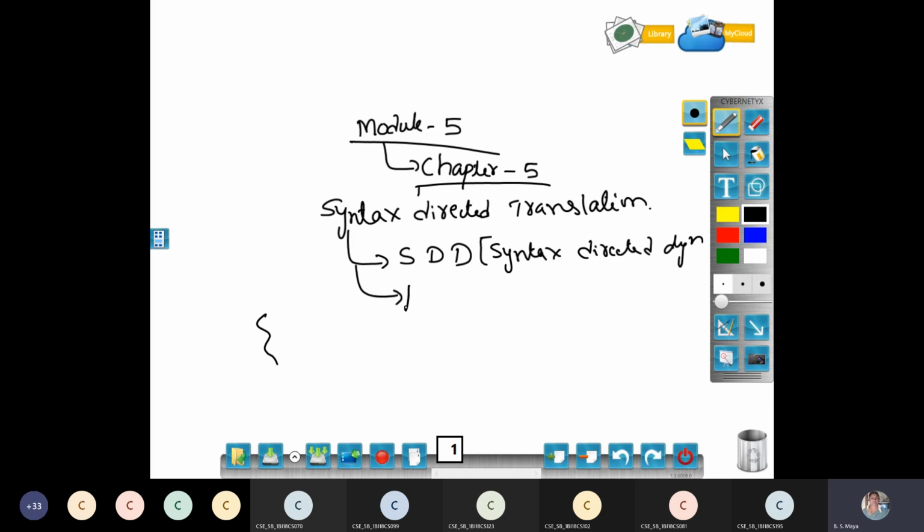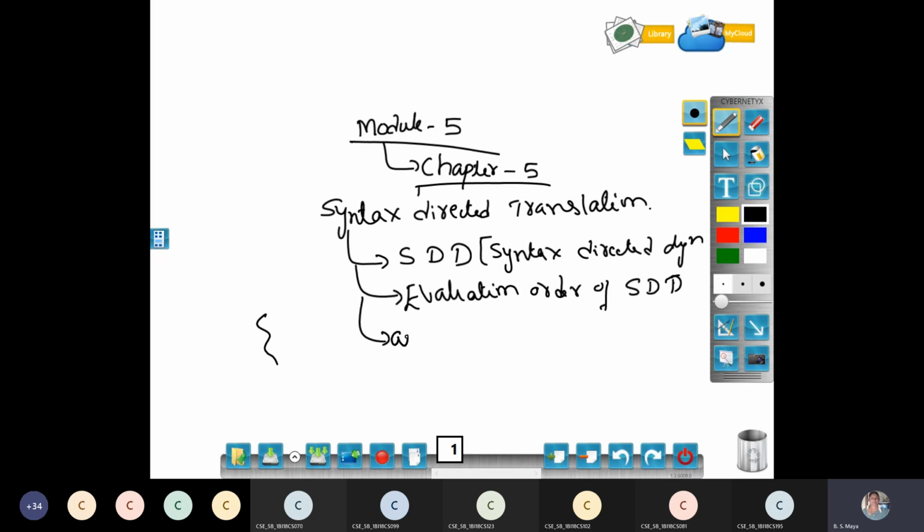Second one is evaluation order of SDT. It's a general, it is a syntax directed definition.